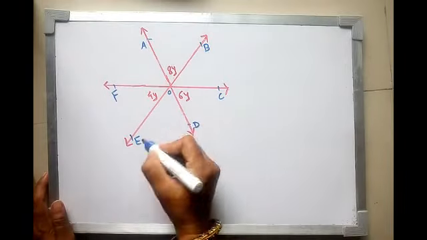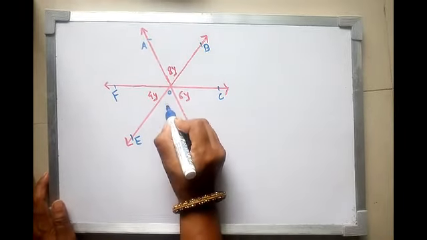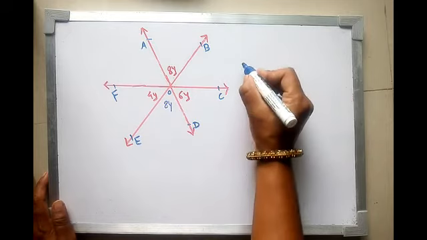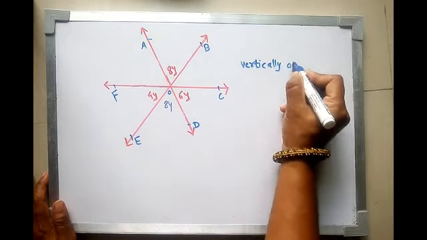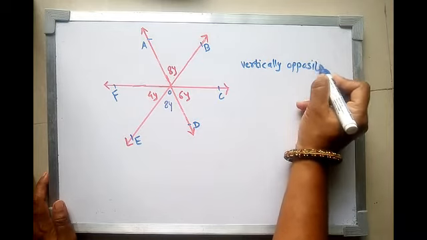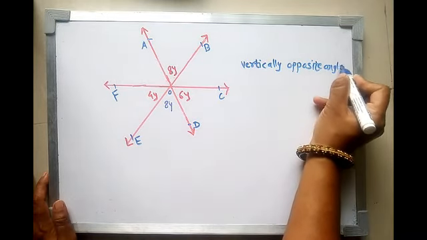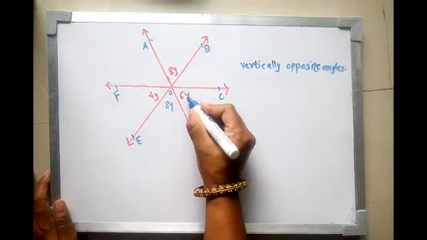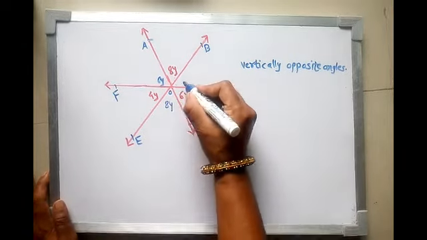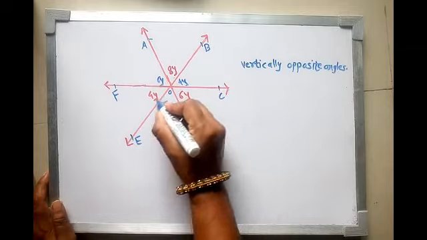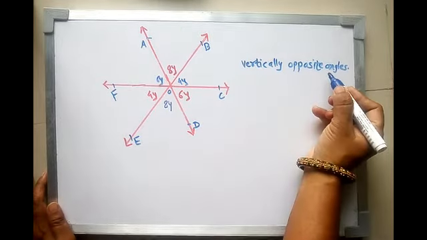Angle EOD is vertically opposite to angle AOB, and its measure is 8y, because these two angles are vertically opposite angles. Write down the measures 6y and 4y.